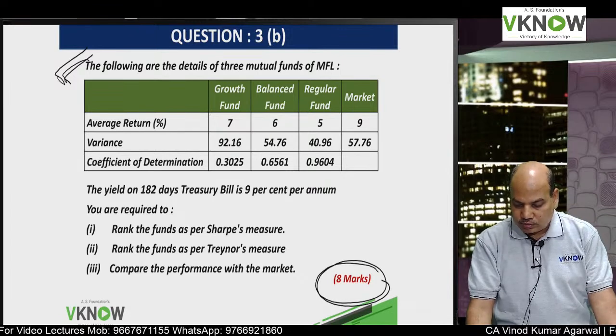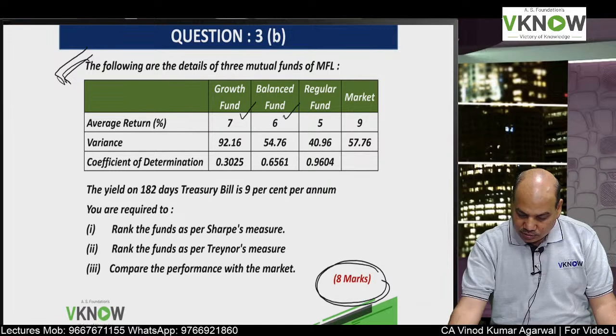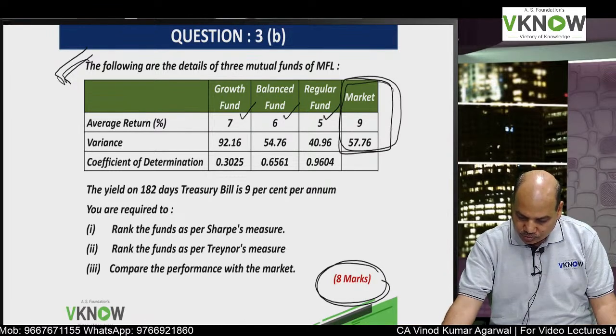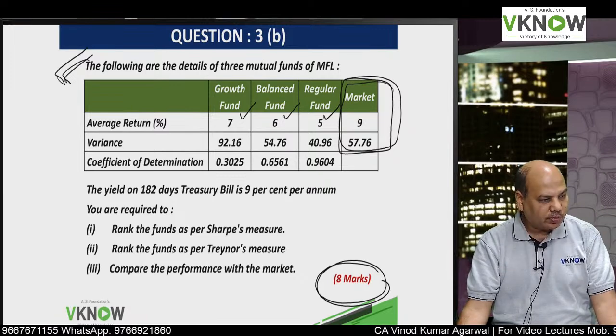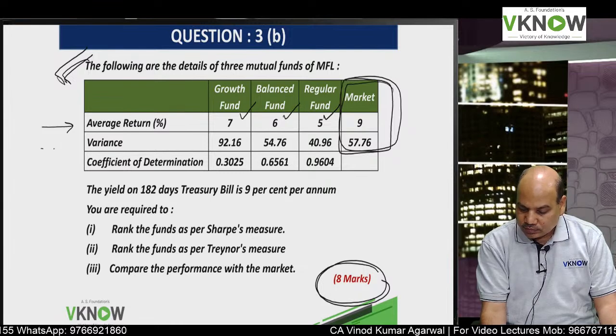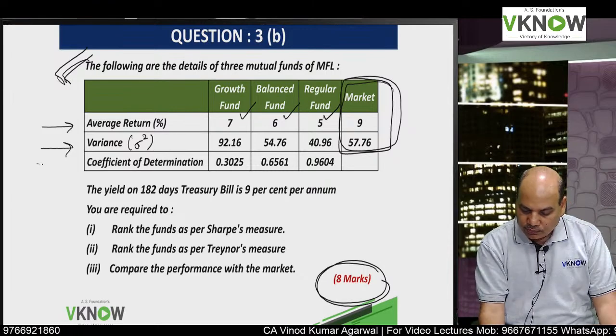Following are the three mutual funds: growth fund, balance fund, regular fund, and this is market data. Market data will be required for some calculations. This is their average return. This is variance, means sigma square, standard deviation square.